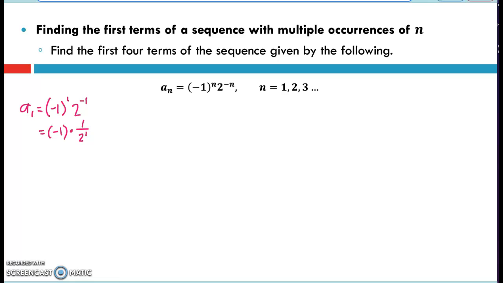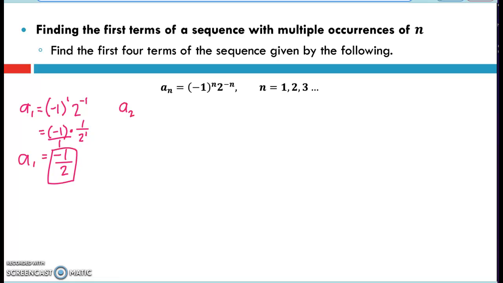Because we flop it to the denominator if it has a negative exponent. Now if it's a negative exponent in the denominator, it flops to the numerator. So this becomes -1 over 2. If you don't believe me with that, this is -1 over 1, and then we multiply straight across. So our first term is -1/2.